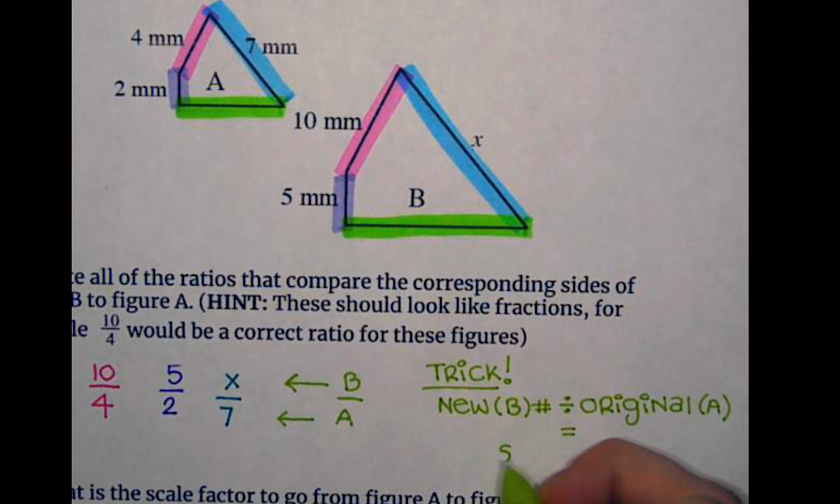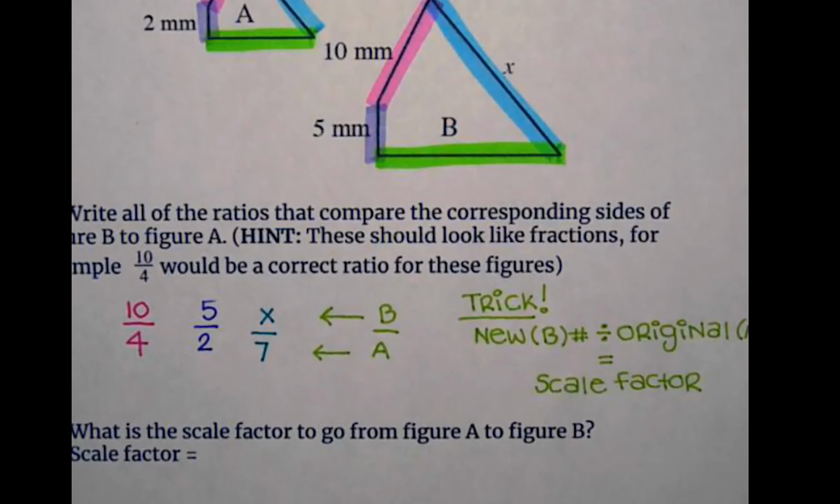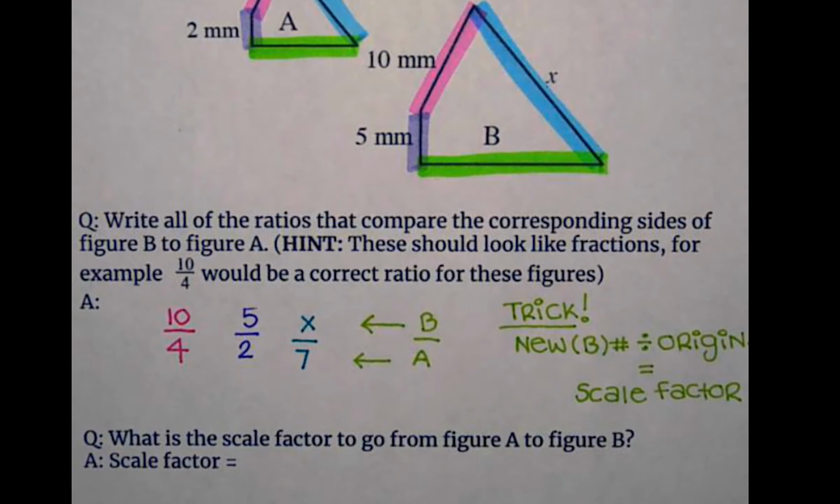We just did that in the last problem. So 10 divided by 4, 5 divided by 2, x divided by 7. When we have fractions like this, the line just means divided. So really, when we're showing these proportions or ratios, we are just finding the scale factor.